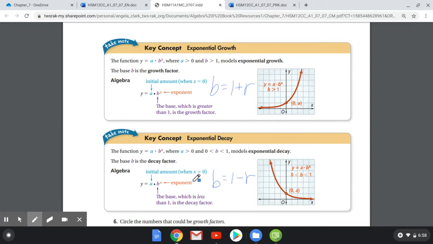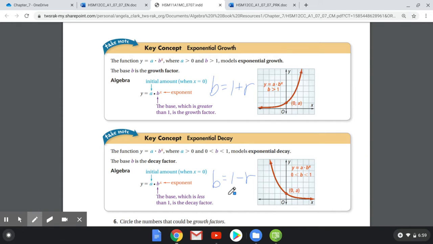And we can tell in a word problem whether something's going to be growth or decay by the way the word problem describes a situation. If it describes an increasing situation, if something's increasing by 5%, or you're getting 5% more, something like that, that's going to be a growth situation.